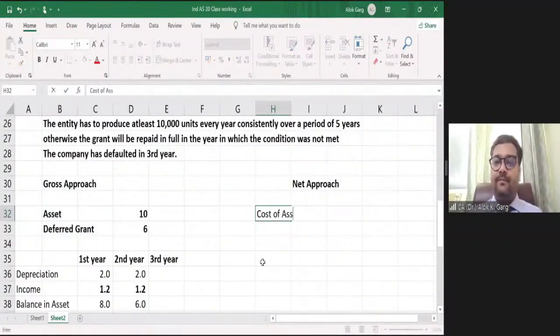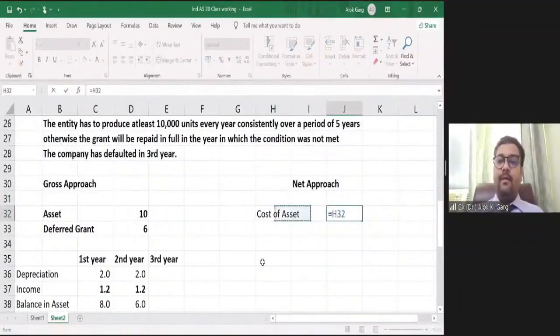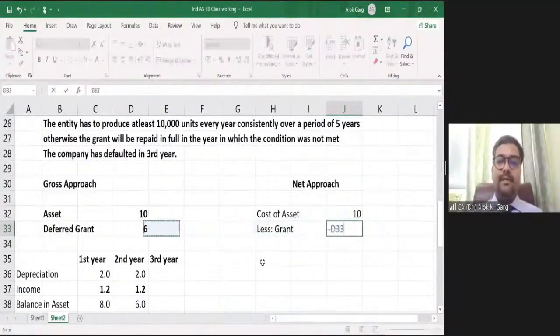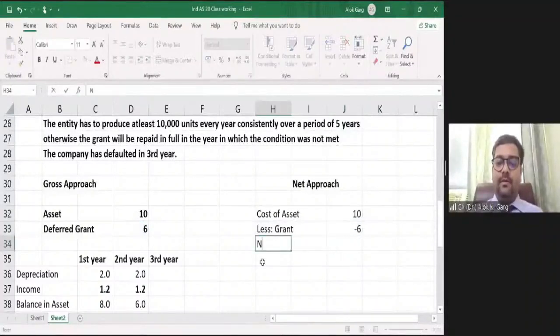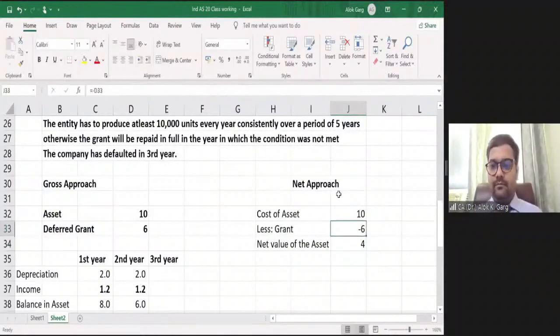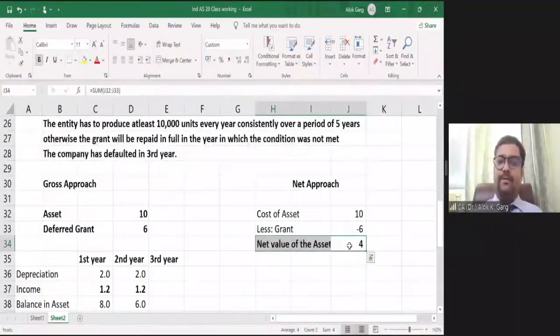Cost of asset 10 less grant 6, net value of the asset, 4 lakh.